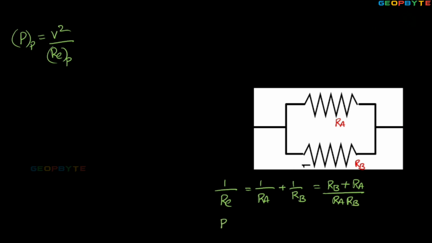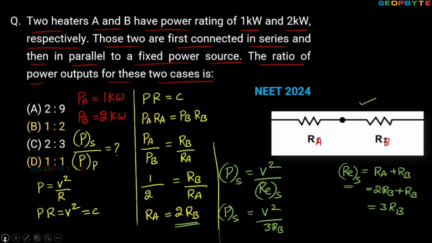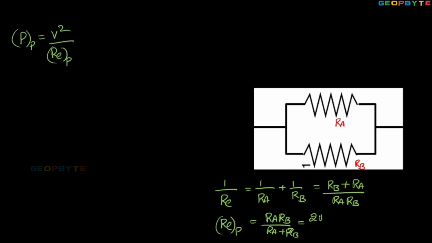From this, the equivalent resistance for the parallel arrangement equals RA RB by RA plus RB. But what is the RA value? RA equals 2RB, so it is 2RB square divided by 2RB plus RB.